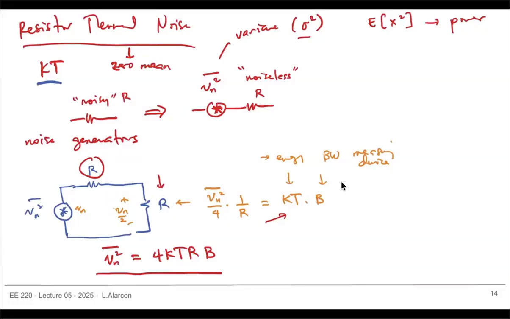So thermal noise, the way we think about thermal noise now is dependent on several things. Obviously, it's dependent on Boltzmann's constant, and it's called thermal noise because it is proportional to temperature. That means the noise power increases as I increase temperature.